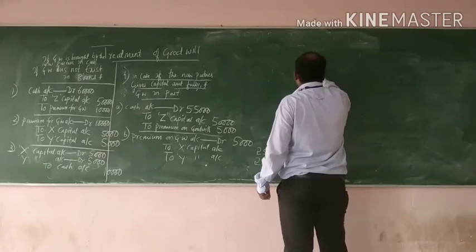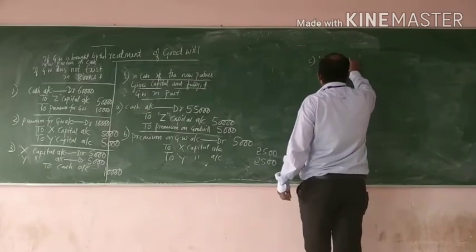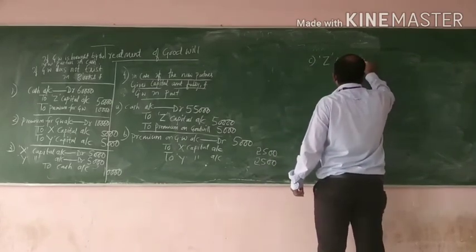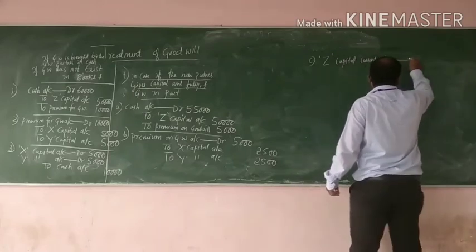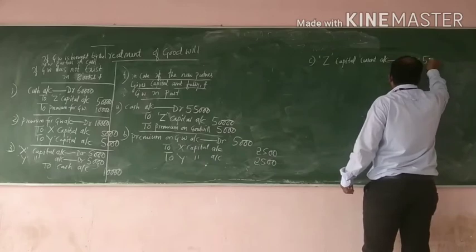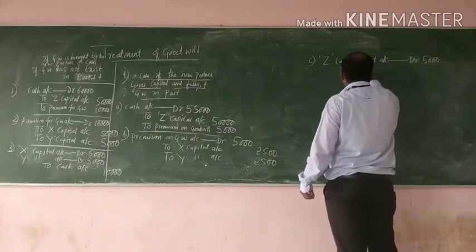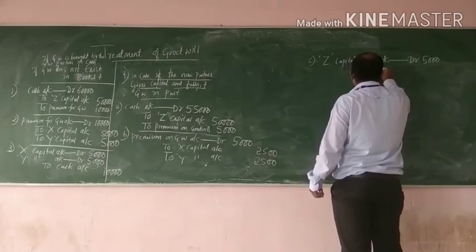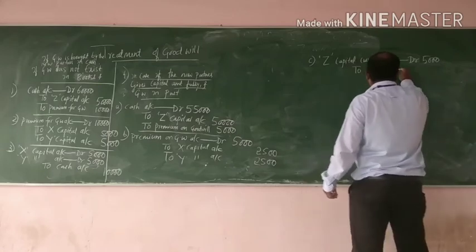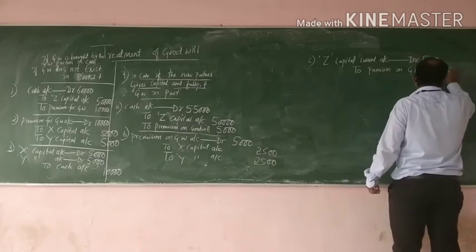Z's capital account, or you can take the current account, debit 5,000 to premium on goodwill amount.